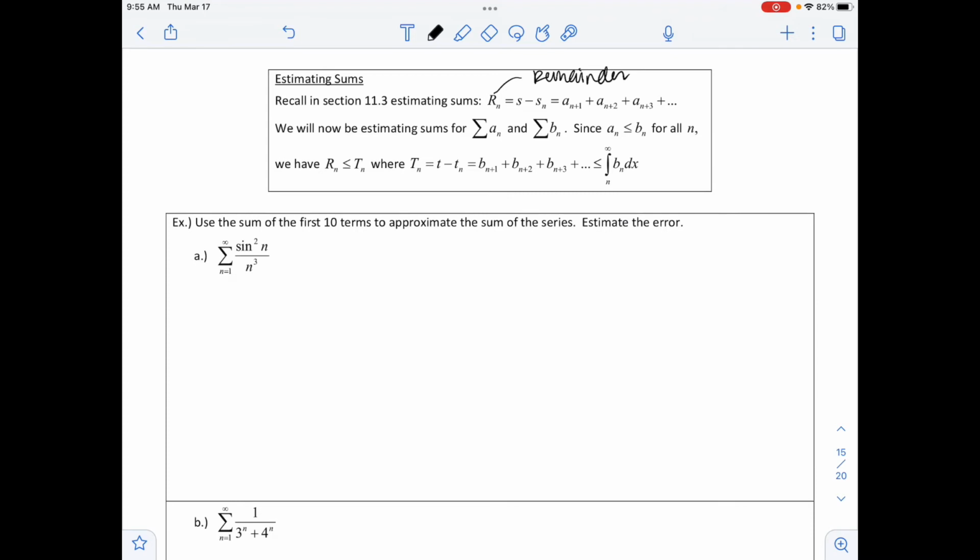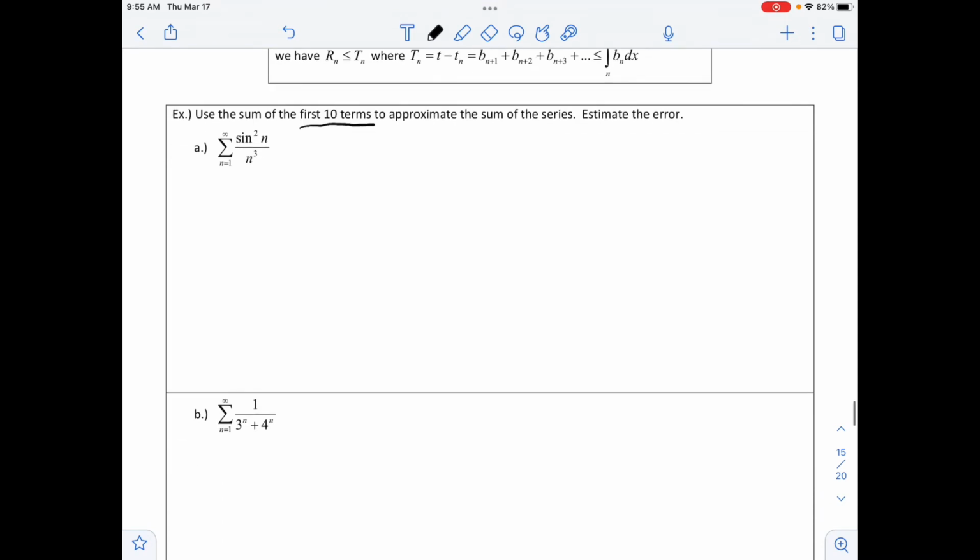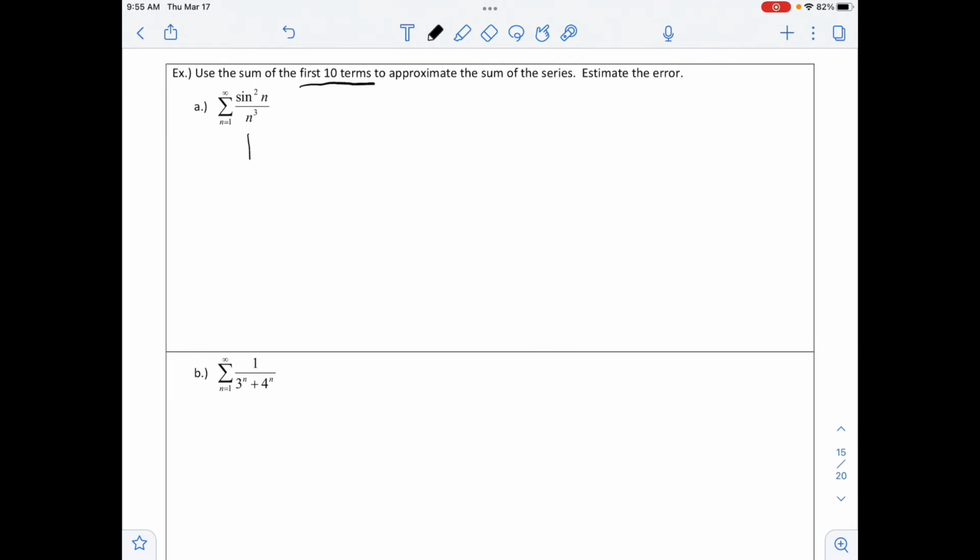So the example right below says use the sum of the first 10 terms to approximate the sum of the series. Estimate the error. And so we're going to go ahead and look at the first 10 terms. In order to do this, I'm going to make a table just to organize my data.